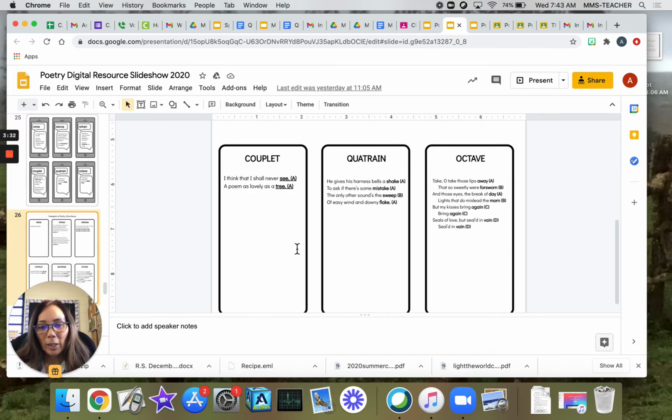"I think that I shall never see a poem as lovely as a tree." And you notice tree and see are the end rhymes, and they rhyme, okay? See and tree. So that's why they're given the value of an A. So this is a couplet.